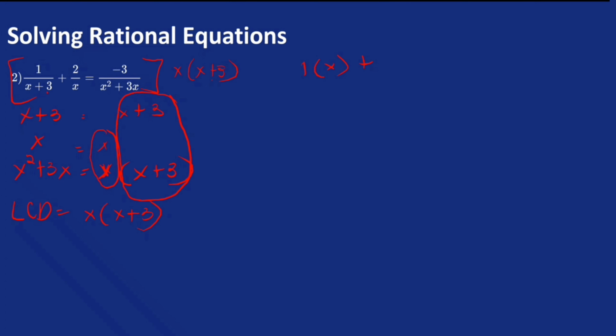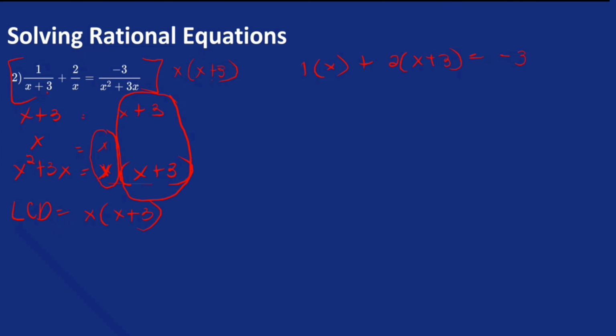This will give us 2 times the factor that was not cancelled, which is x plus 3, equal to negative 3 over x squared plus 3x. Since we know that the factors of this are x and x plus 3, that means we can cancel both x and x plus 3. So you will just be left with negative 3.